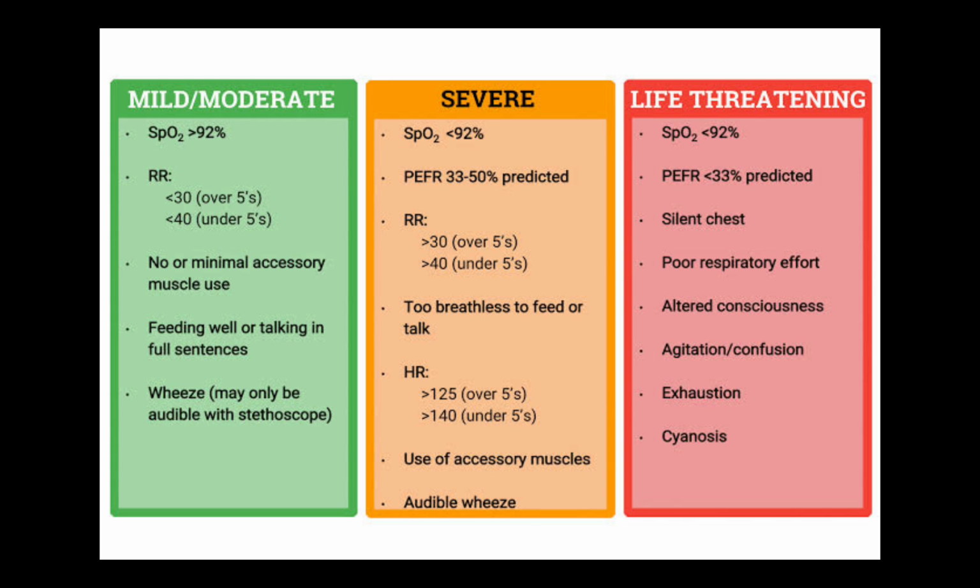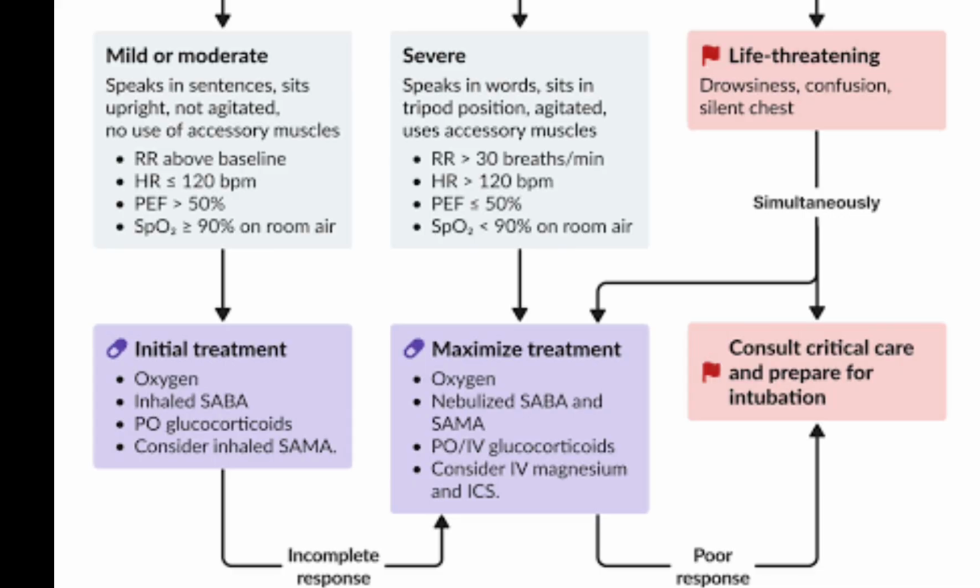Now, how do we manage patients of acute severe asthma? As long as the patient is not having a life-threatening attack and he is in the severe category of asthma, we usually give the patient oxygen, and we give a short-acting beta agonist, that is Ventolin, and a short-acting antimuscarinic, that is ipratropium bromide, through nebulization every 15 minutes.